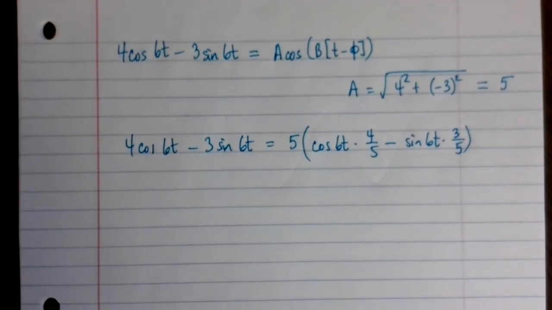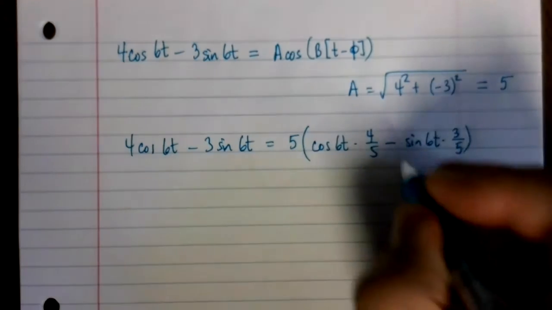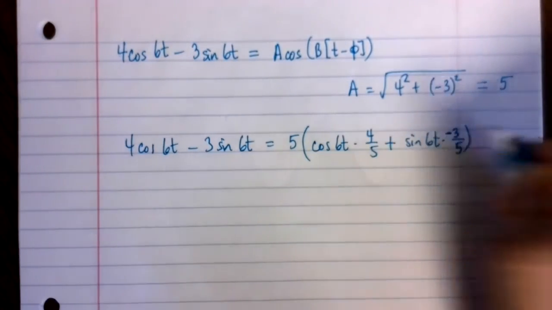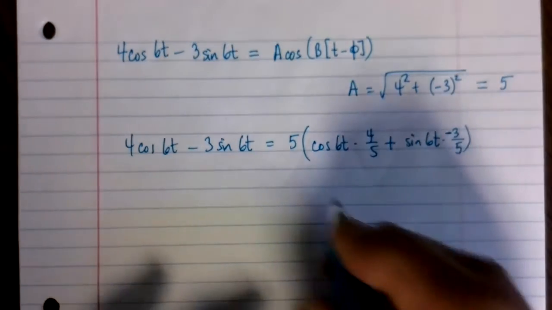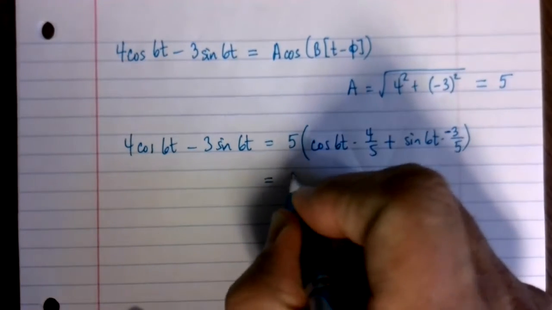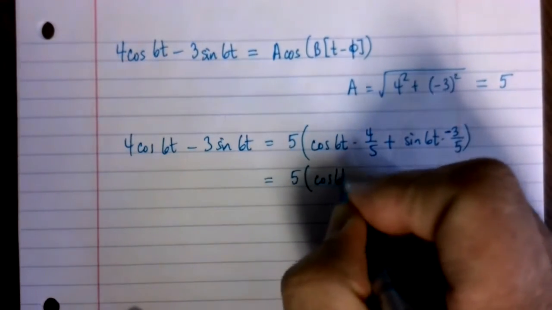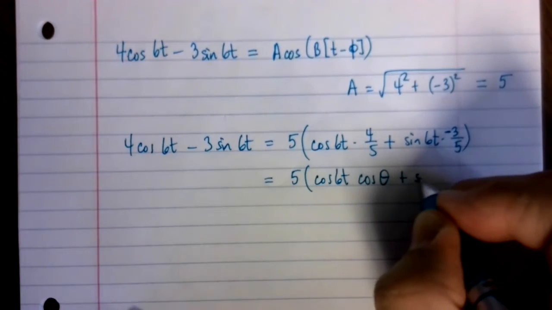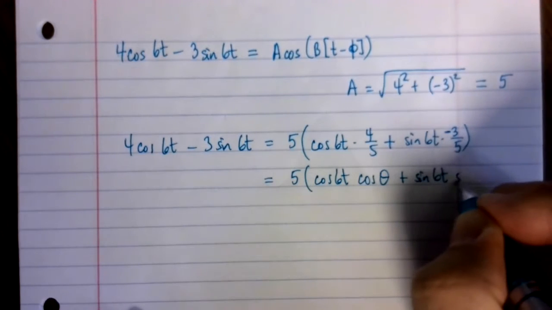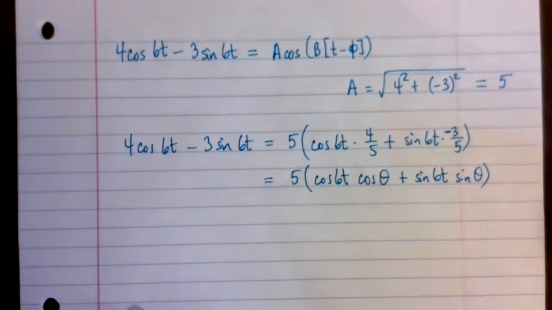Let me write it as plus minus 3/5 like that. The reason I did that is because I can now write this as 5 times the cosine of 6t times the cosine of theta plus the sine of 6t times the sine of theta.